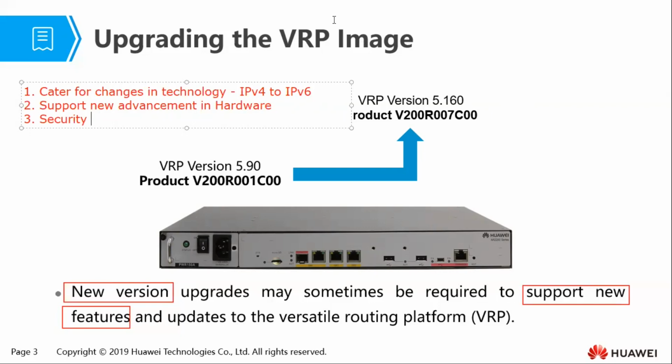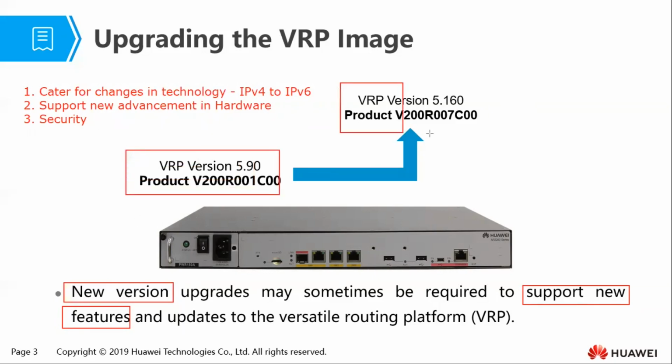Generally, sometimes you might have your router, like an AR2220 router, with a VRP that you want to upgrade. For example, whatever you're having right now is version 5.90, and we want to upgrade it to version 5.160.